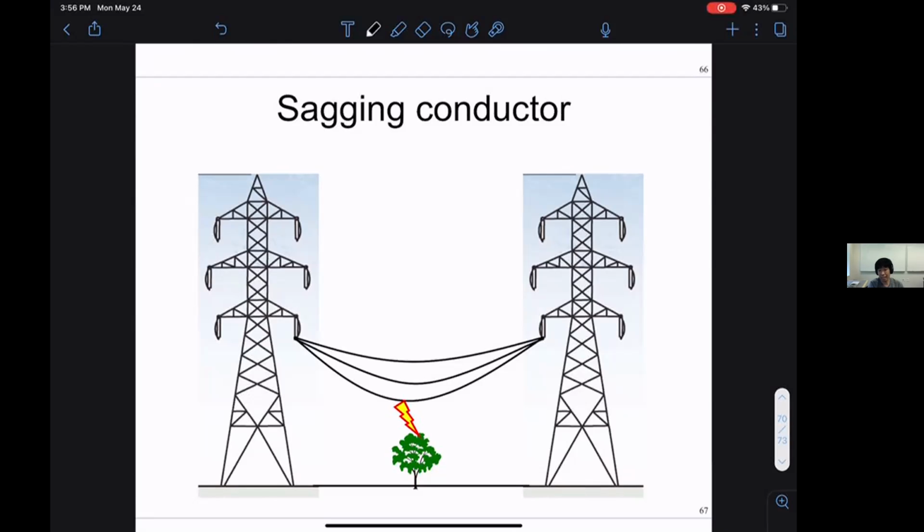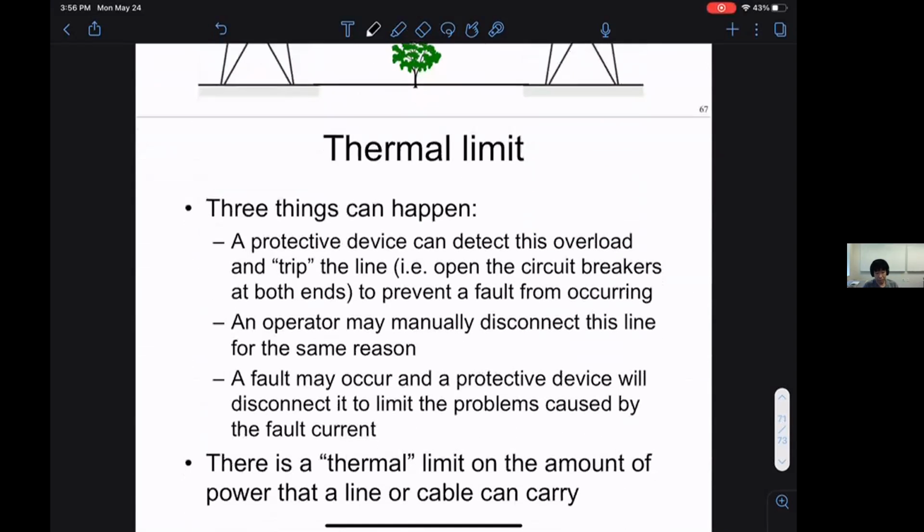If there is ice on the lines, they also get heavier and may also sag. So you want trees to be far away from power lines, and this will limit your power transfer. Normally, this thermal limit limits how much power we can have. When you have an overload, what it looks like is you have a short, and then you may have a breaker that opens.